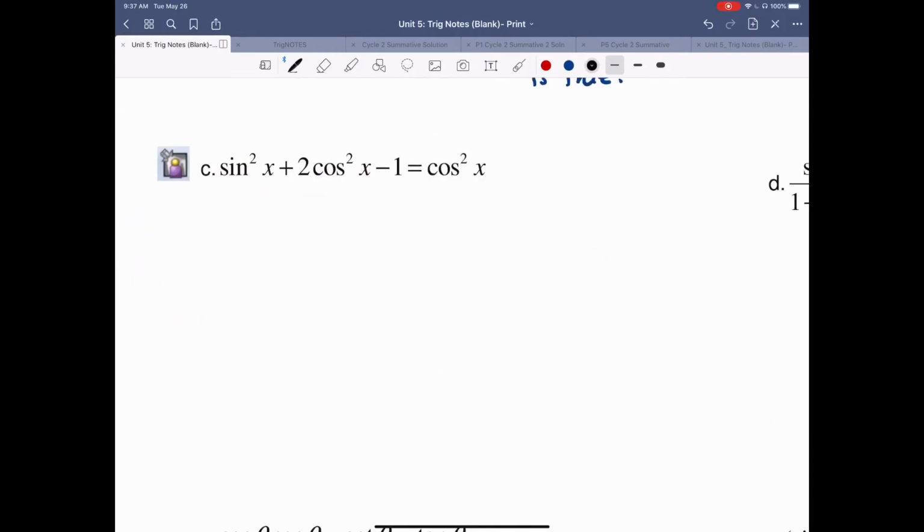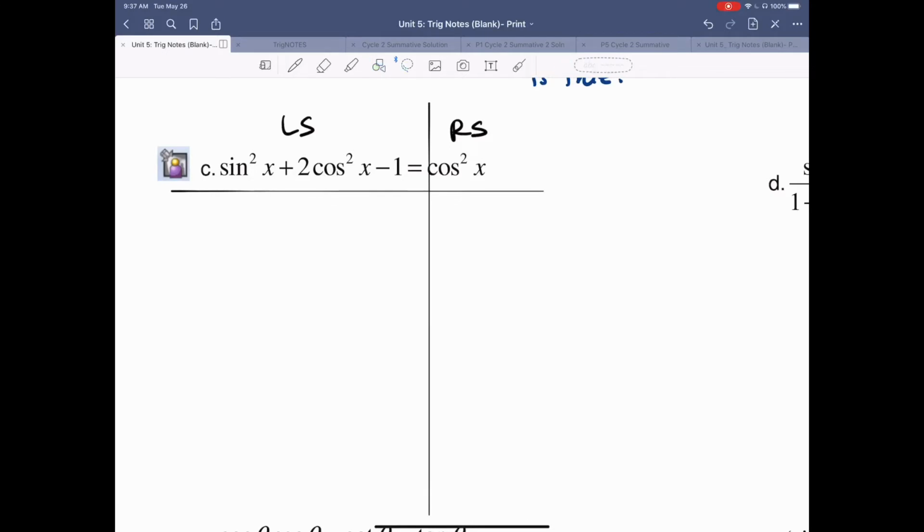For C, I'm going to write my left side and right side. So the right side looks pretty simple enough. My left side looks more complicated, noticing I have sine squared x plus 2 cos squared x minus 1.